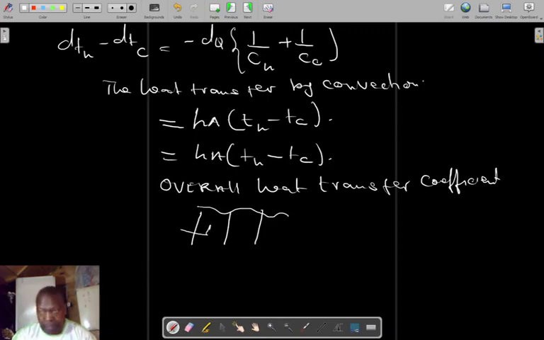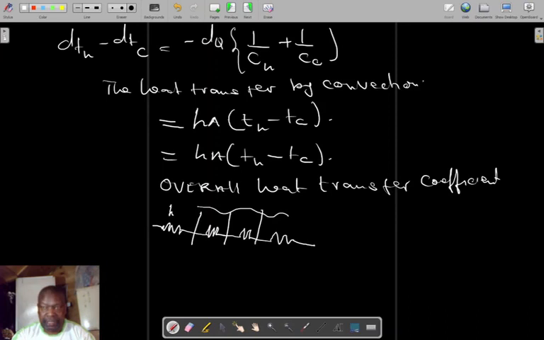So we have a resistance there, another resistance there, a resistance to heat flow by convection there, and a resistance to heat flow by convection on the other side.